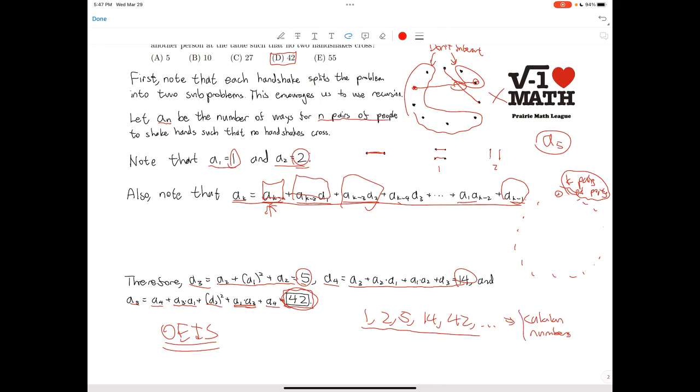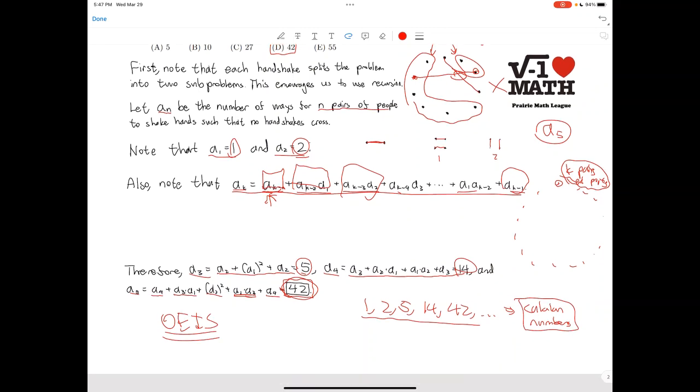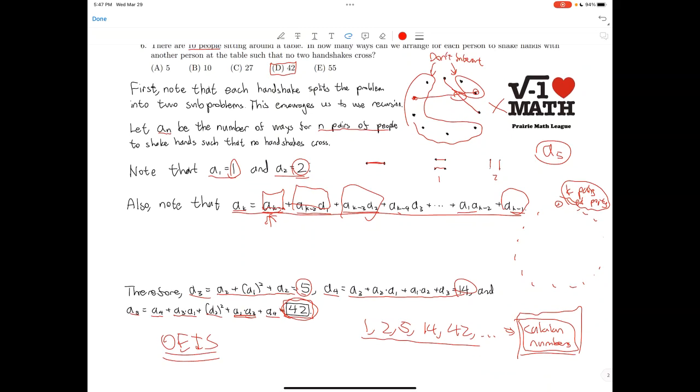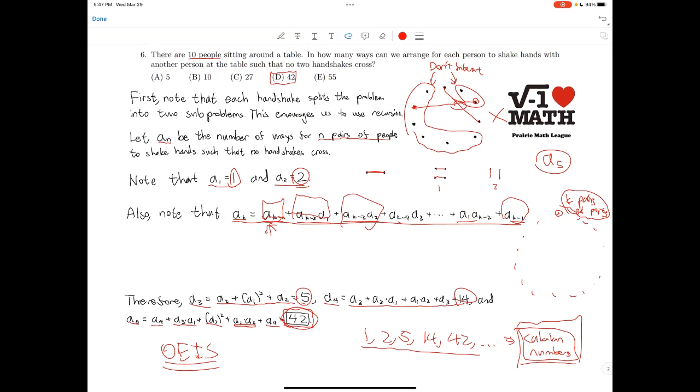The Catalan numbers show up in a lot of places in combinatorics and have the formula 2n choose n over n plus 1, something like that; I don't exactly remember, but just search it up online and you'll get lots of related questions that also have the same answer.